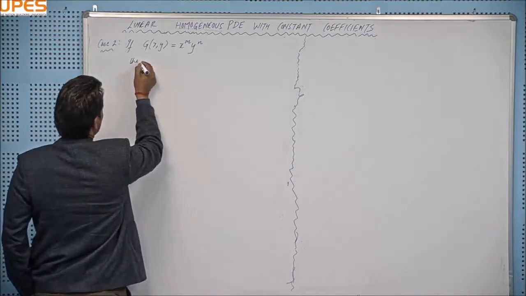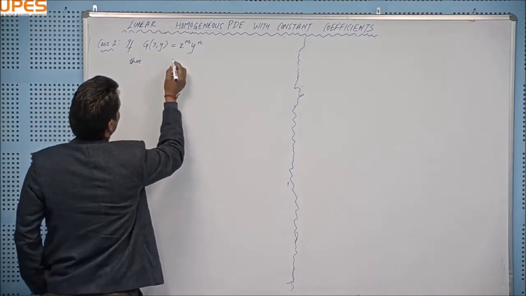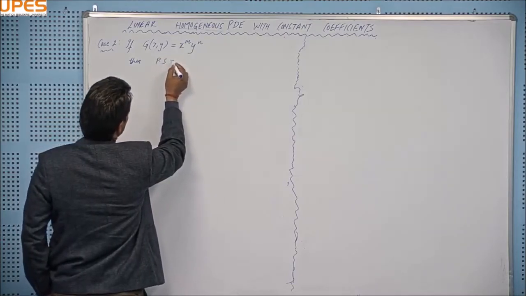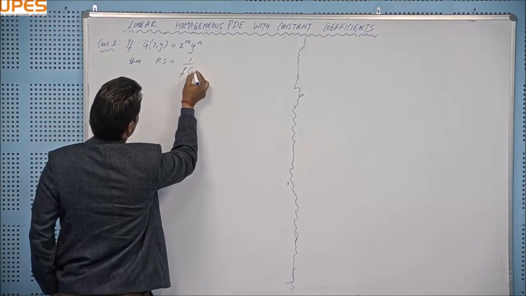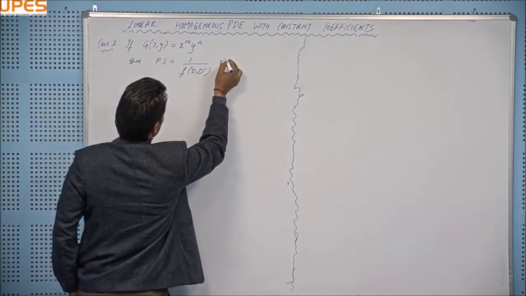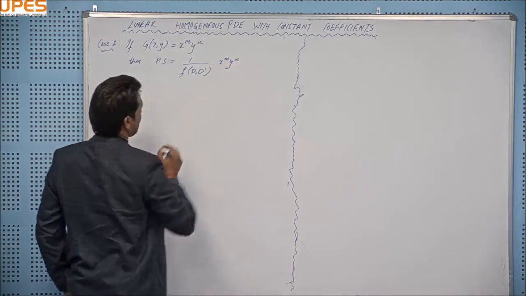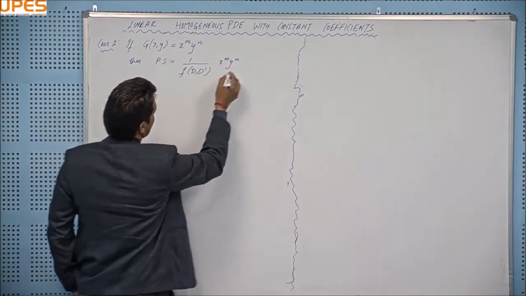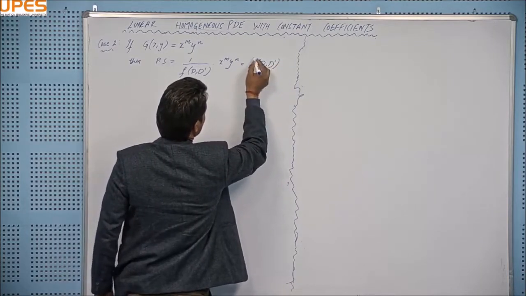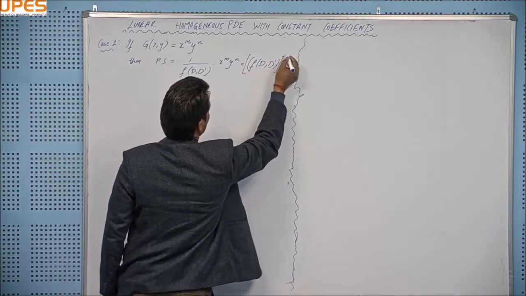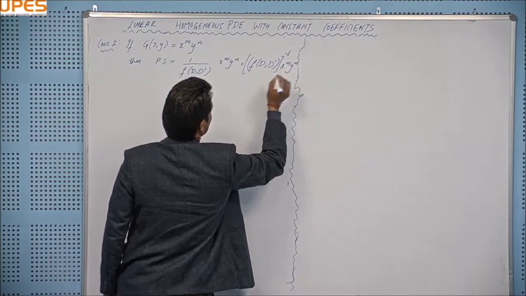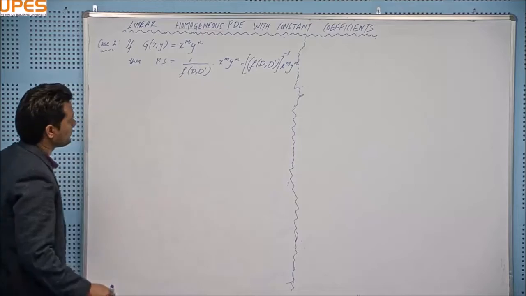Then our particular solution PS is equal to 1 over f(D, D') operated on x to the power m y to the power n, which can be written as f(D, D') whole inverse x to the power m y to the power n, right?